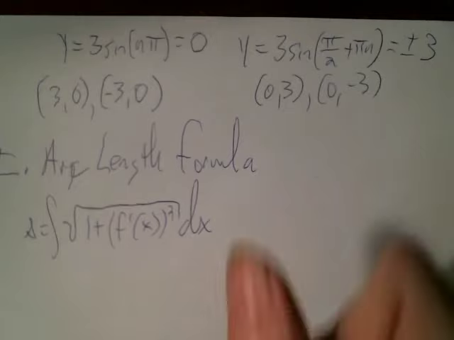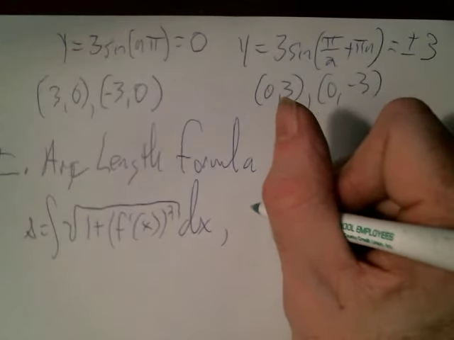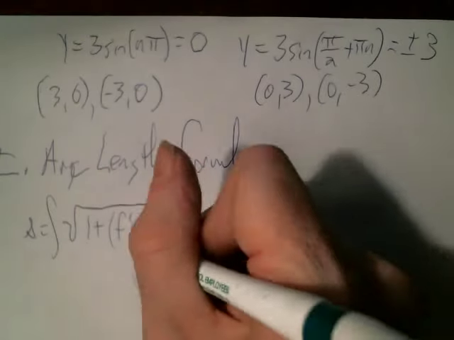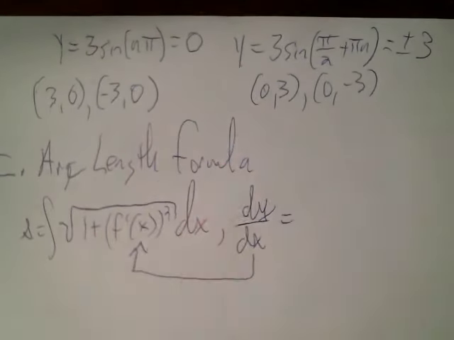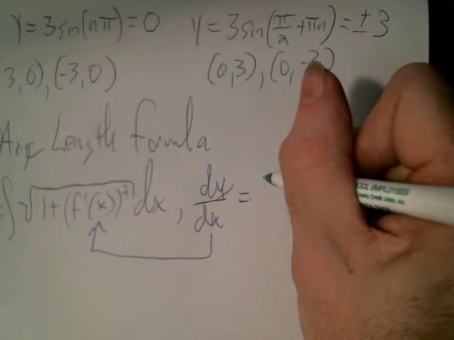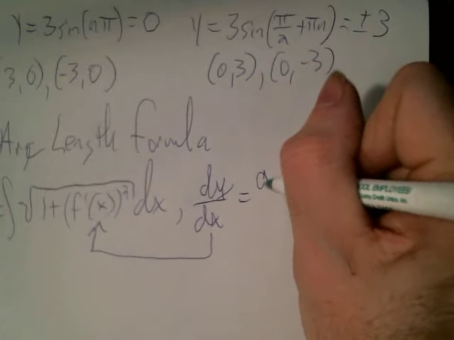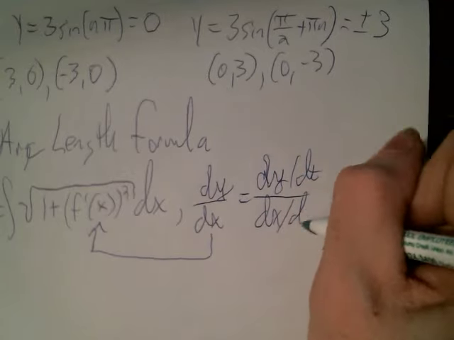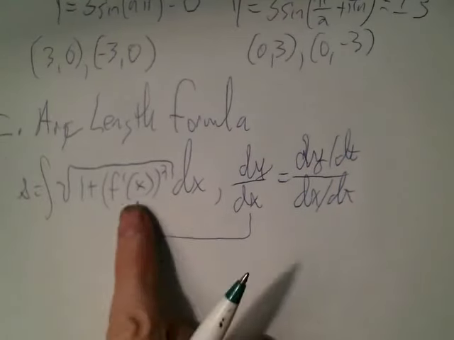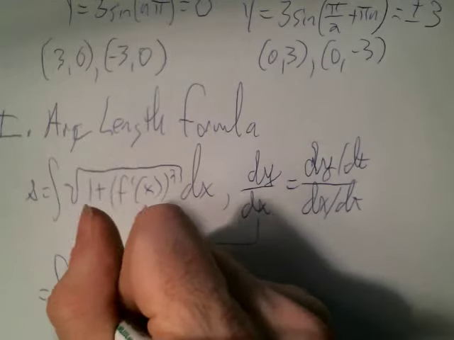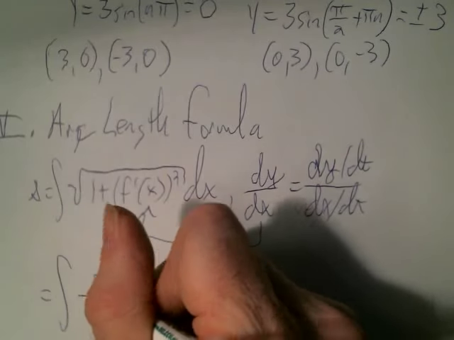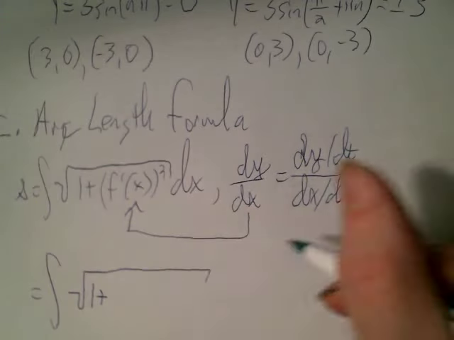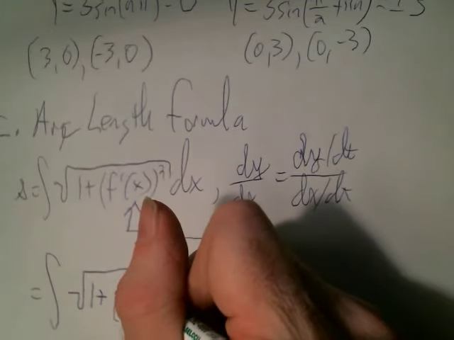Okay. So using the definition for the derivative of the parametric equations, we know dy over dx, which is this thing, that's equal to dy with respect to dt all over dx with respect to dt. So I can replace that. I get the integral of the square root of 1 plus, what do we get?